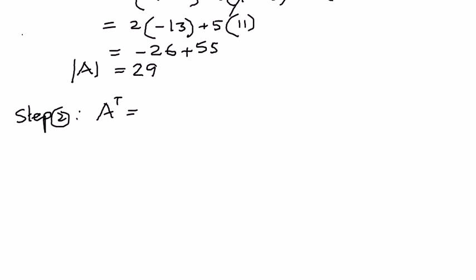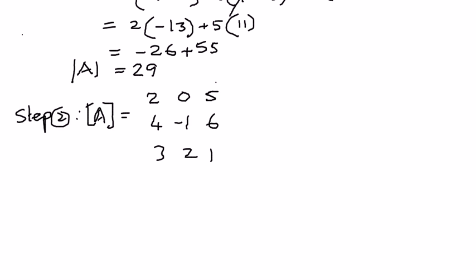The given matrix was 2, 0, 5, 4, negative 1, 6, 3, 2, 1, isn't it? So let me write that here. The given matrix A was equal to 2, 0, 5, 4, negative 1, 6, and then 3, 2, 1. This is our original matrix.